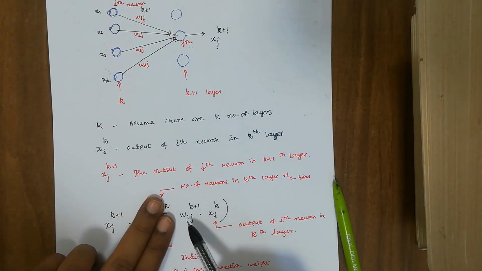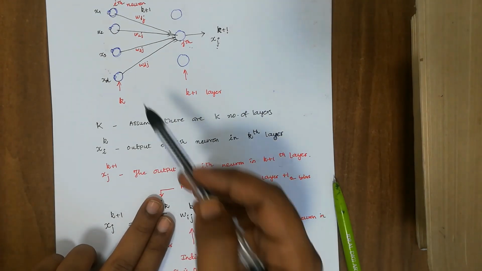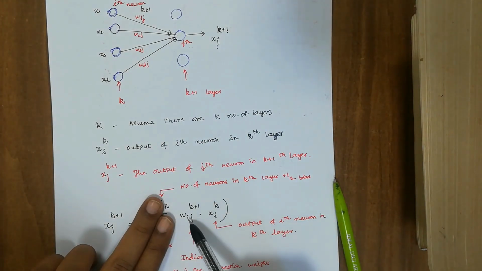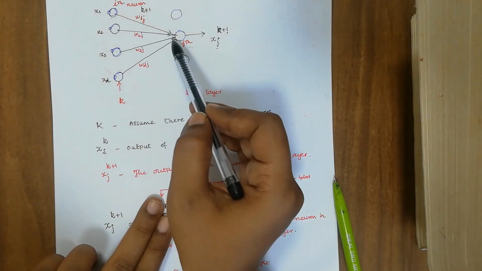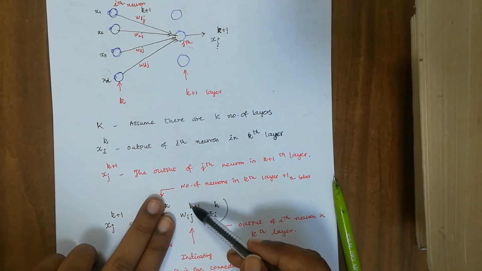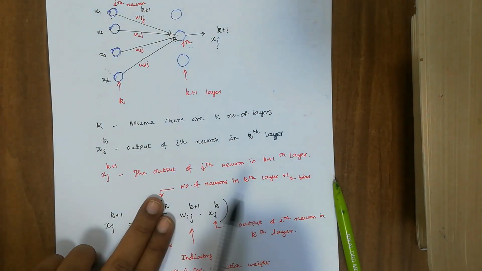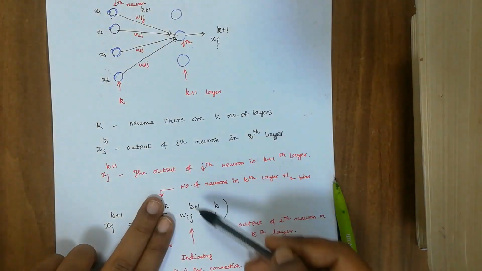Let us consider the weight vector connecting the kth to the k plus 1th layer. So Wij^(k+1) is the weight connecting i to j, with the superscript showing where the connection goes, the k plus 1th layer.